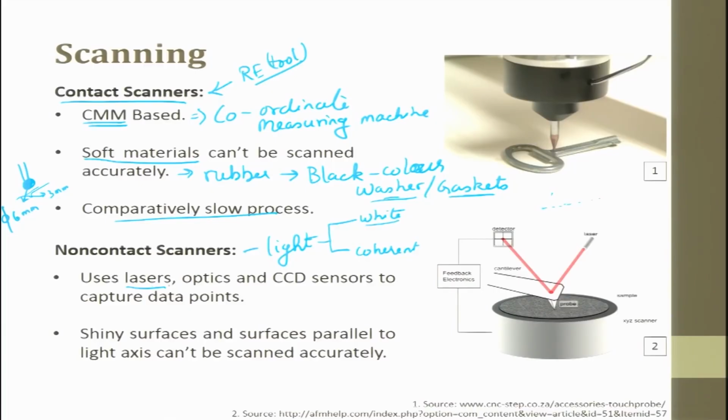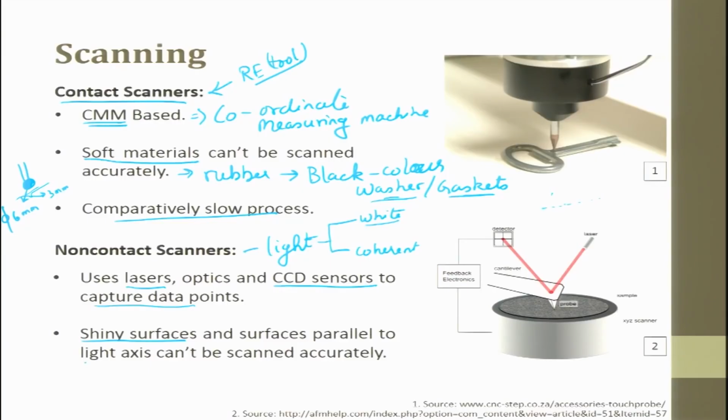Laser, optics, CCD (charge coupled device) sensors and cameras can be used to capture the data. So where do we find difficulty? Highly shiny surfaces as well as highly rough surfaces.